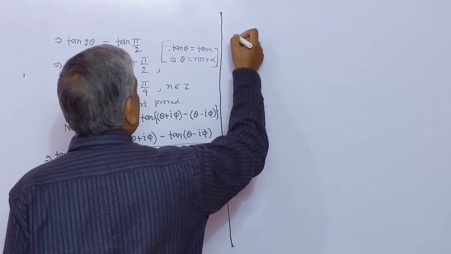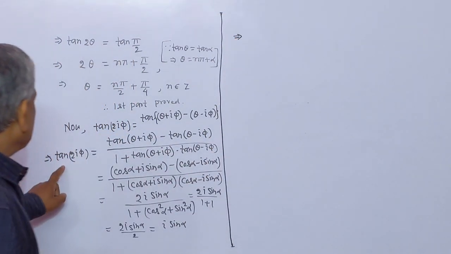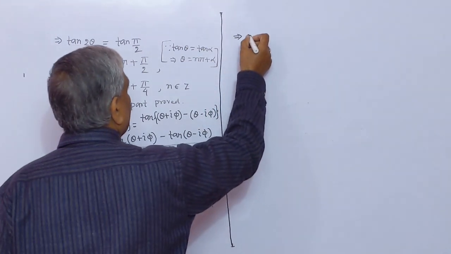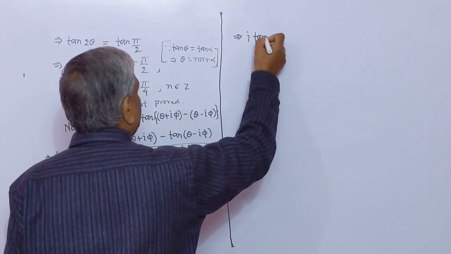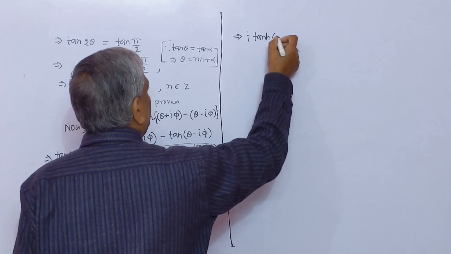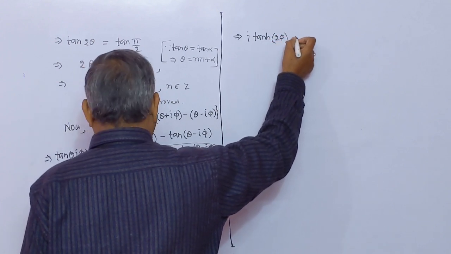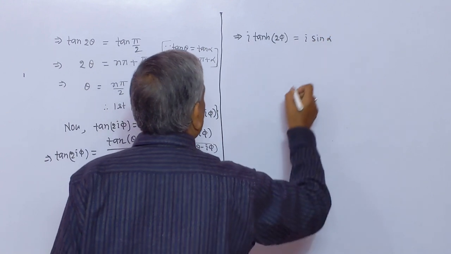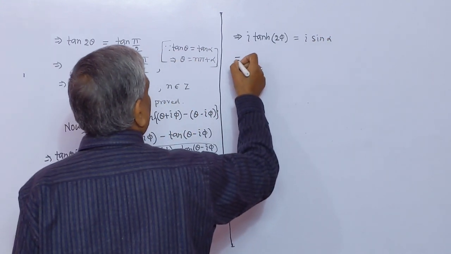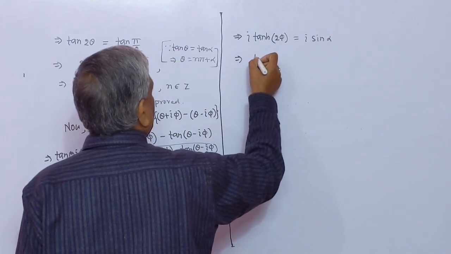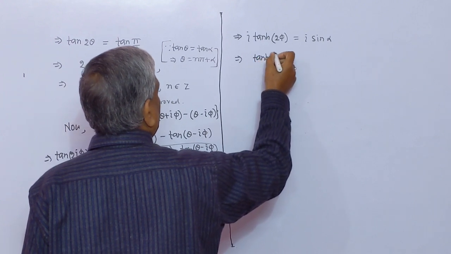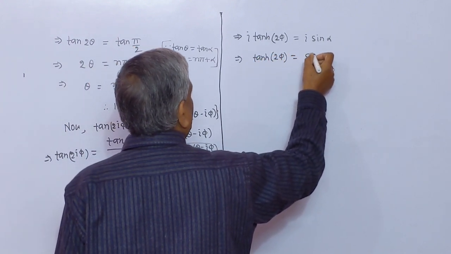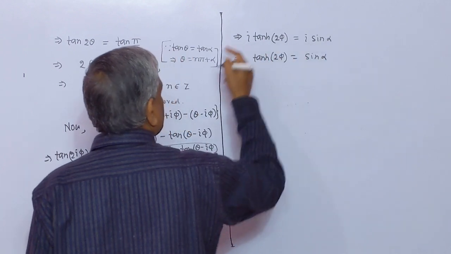Implies that left side is tan i phi, means i tanh 2 phi, and right side is i sin alpha. Implies that tanh 2 phi equal to sin alpha, i cancel.